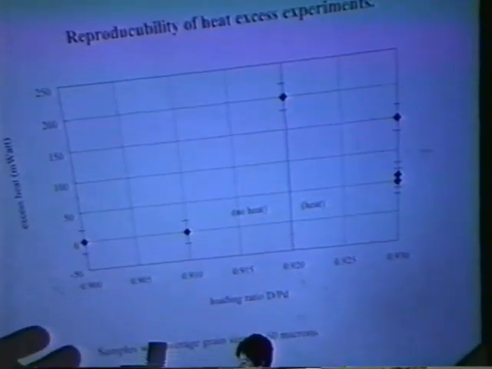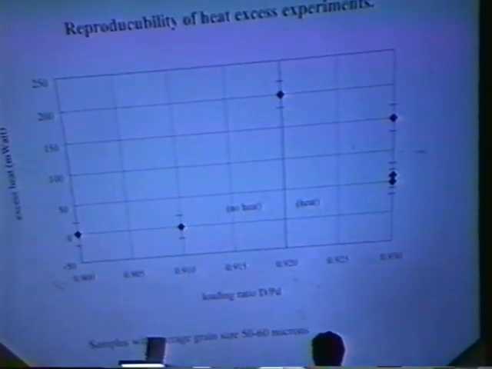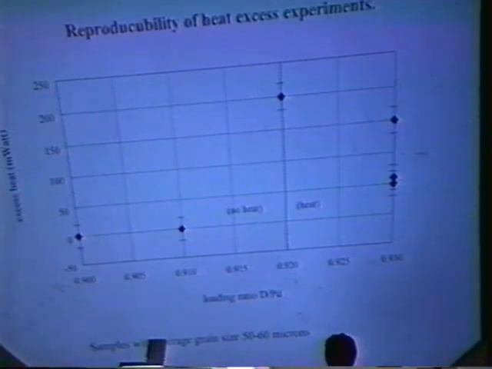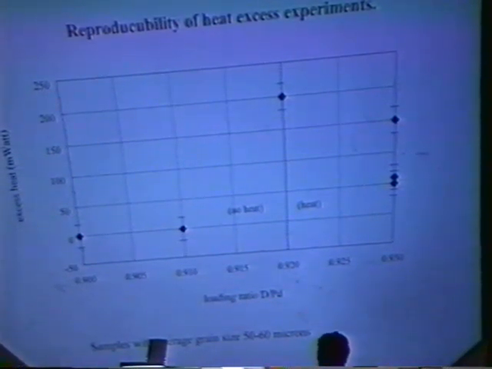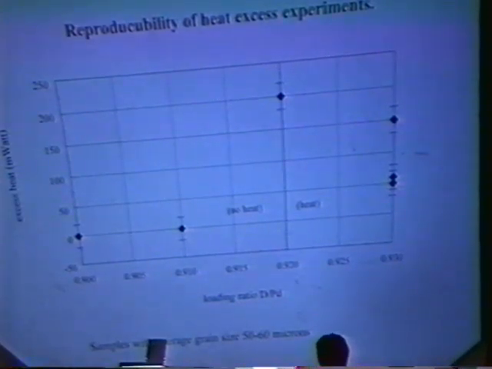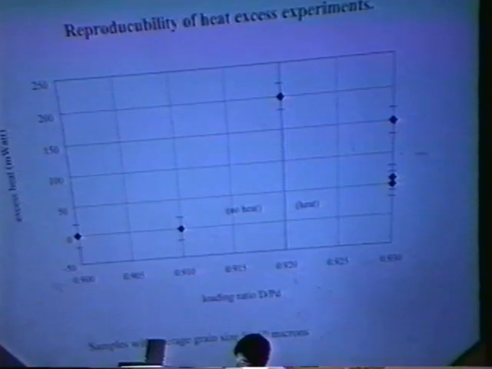Here I reported 6 tests, and in 4 out of 6 we observed an excess when the loading ratio was greater than 0.92. I know that this is not proof because the statistics is not good, but just an indication.